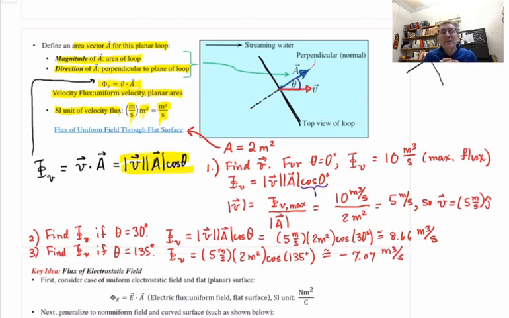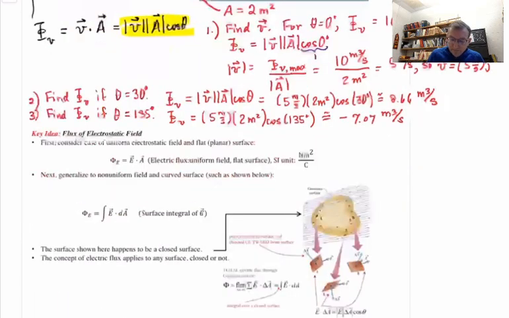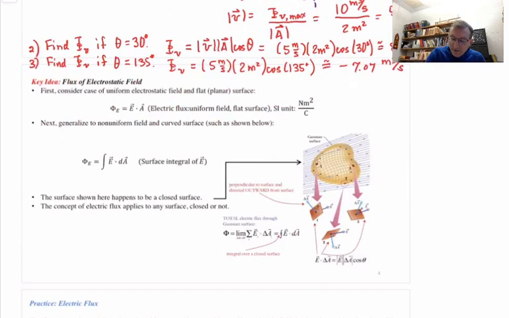You can take any vector field, represented by arrows, of course, and any surface, and do this same kind of calculation to see how much piercing of the surface there is by the vectors. So, for this chapter, the quantity we're going to be interested in is the flux of the electrostatic field through a surface. Okay? The flux of the electrostatic field. So not a velocity field, but the electrostatic field.